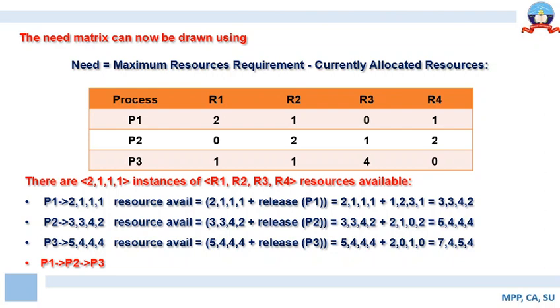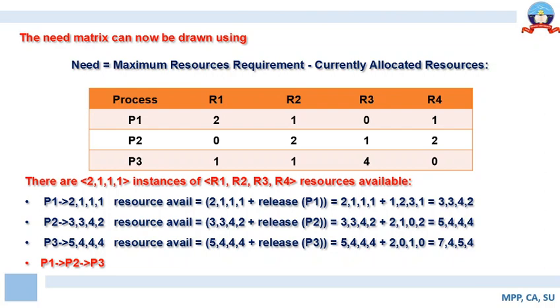Okay. So now here what we see is that P1 is already over. Now P2 requires 0 1 1 2. So can we satisfy 0 1 1 2 with 3 3 4 2? Yes, right? So P2 can be initiated.